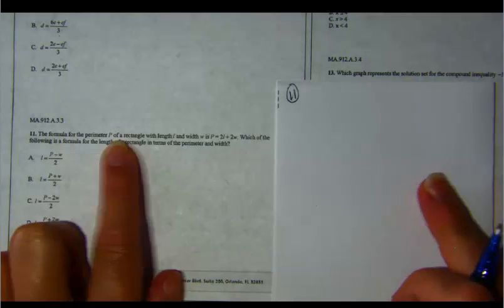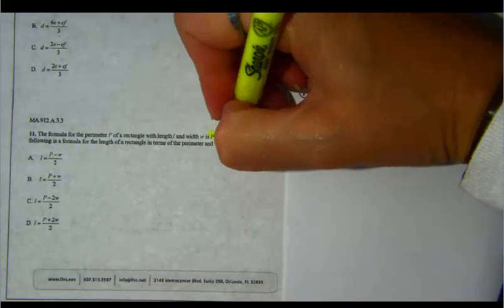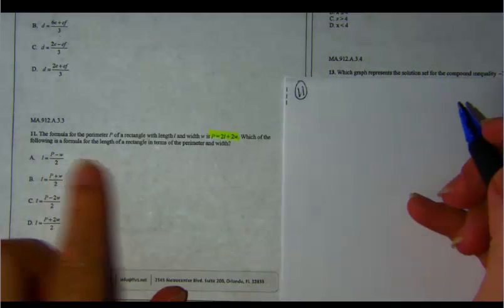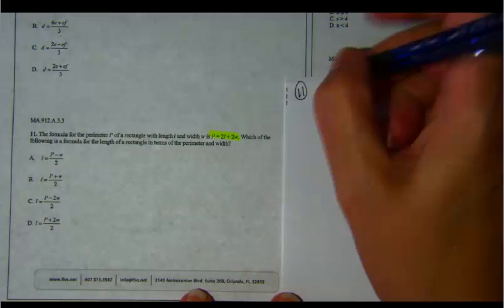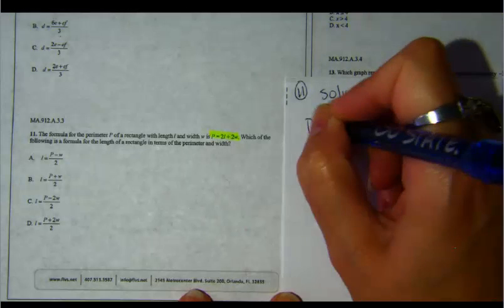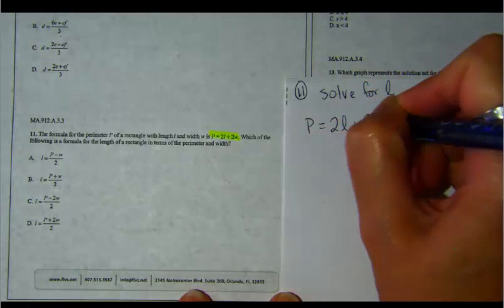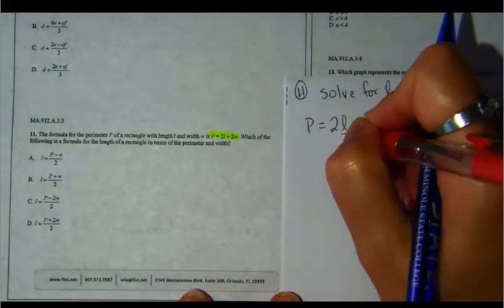All right, so the formula for perimeter is here. 2L plus 2W. Which of the following is the formula for the length? So basically we're trying to solve for L. So there's my formula. I want to get this L by itself.